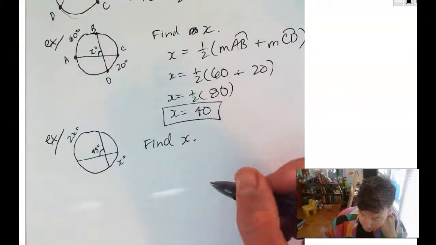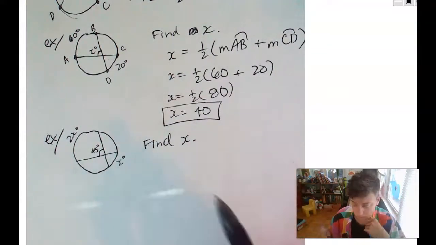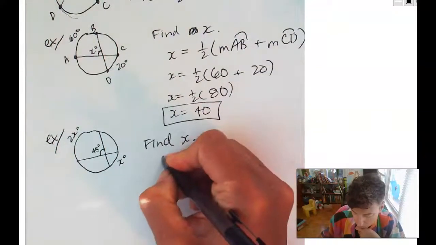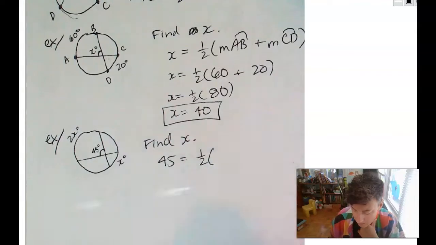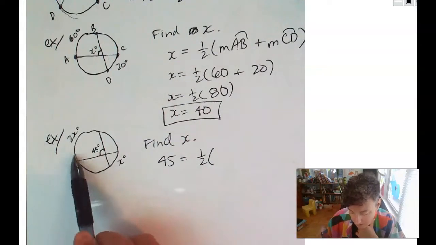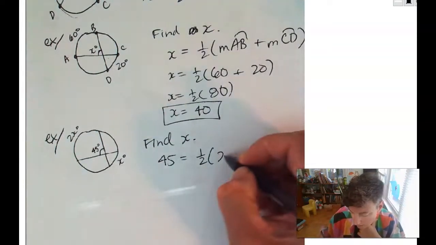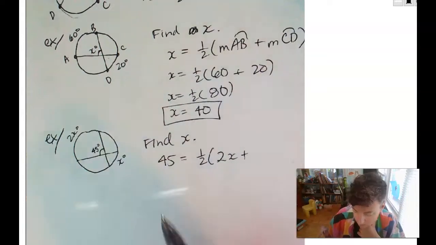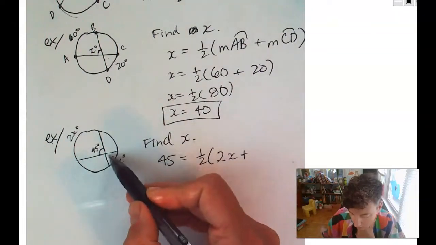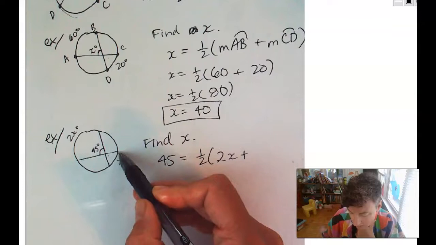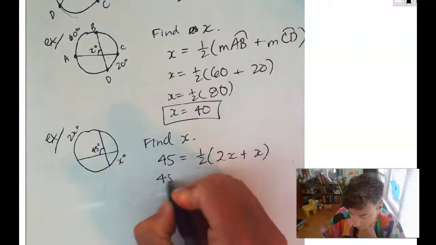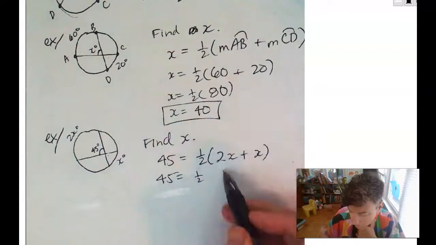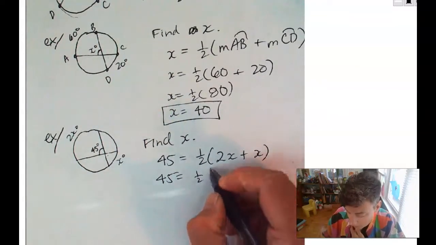But this time, we know the measure of the angle, so we know 45 degrees is equal to 1/2 the measure of its intercepted arc, which is 2x, plus the measure of its vertical angle's intercepted arc, which is x. So we've got 45 is equal to 1/2 of 2x plus x, which is 3x.